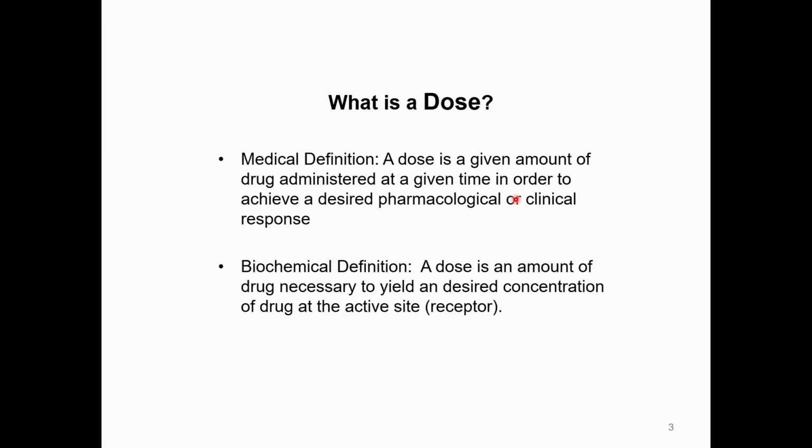And that's kind of a medical view of it. But in terms of a biochemical definition, a dose is the amount of drug necessary to be given that will achieve a desired concentration at an active site, a target or a receptor, okay? So kind of two different ways to look at it.